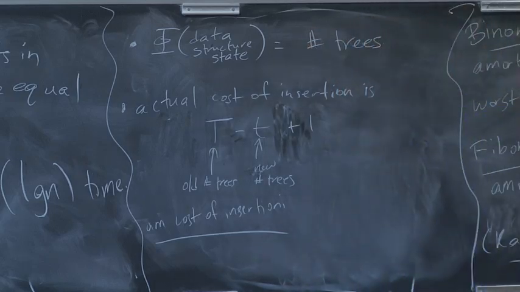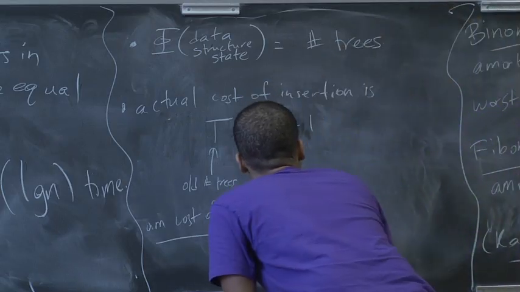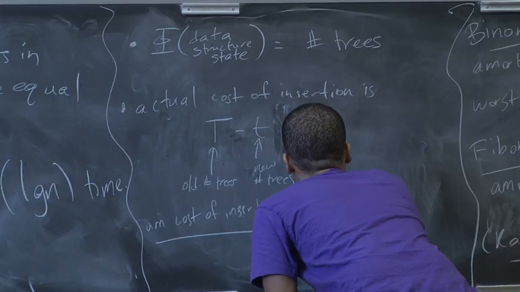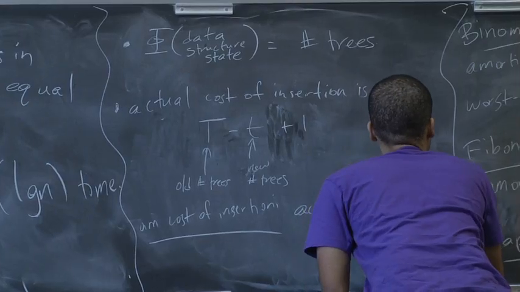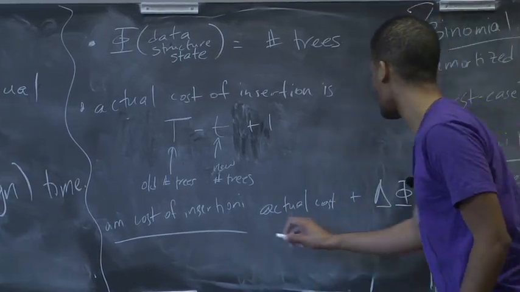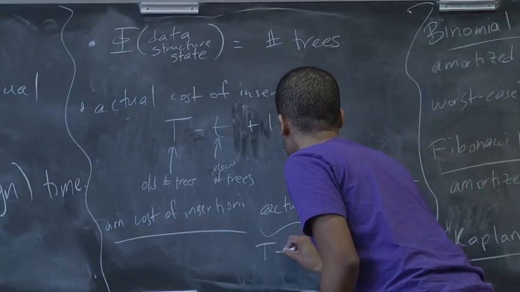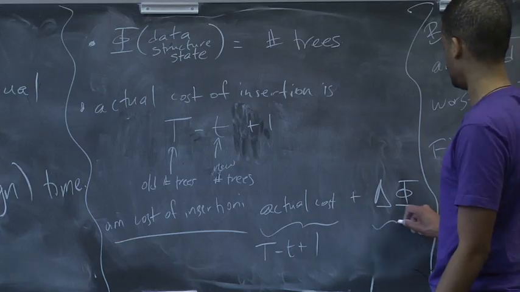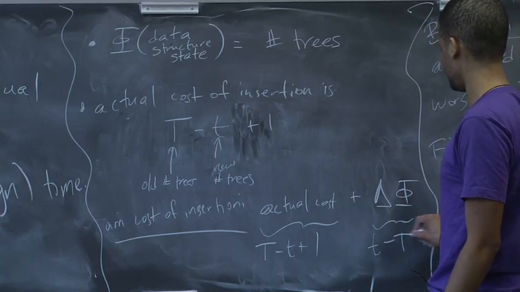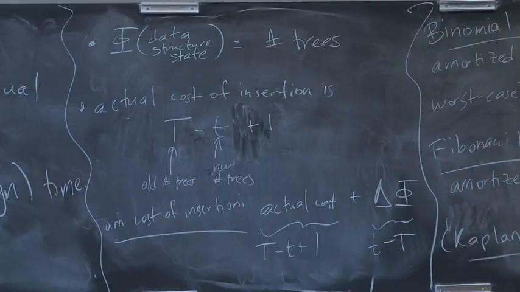That's not really going to matter so much. So the actual cost plus the potential difference. The actual cost we said was t minus t plus 1. And what's the potential difference? Oh, and what do you know?